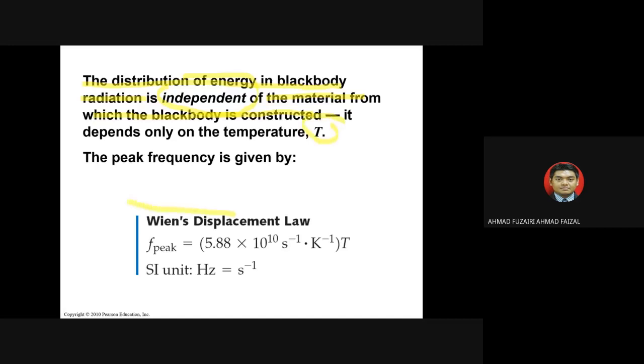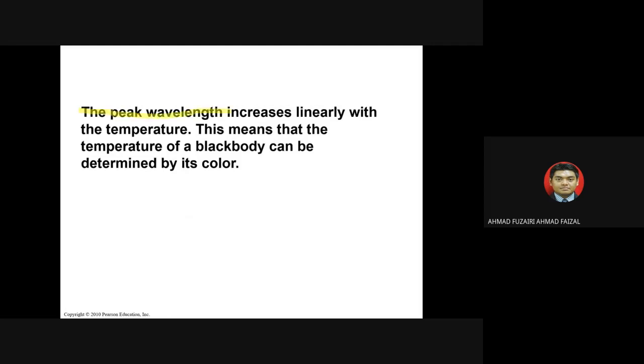And the peak frequency is given by this equation, meaning that to relate to the previous graph, we have the peak frequency here, and this peak frequency actually depends on the temperature of the object. The peak wavelength increases linearly with the temperature, and according to the previous equation, Wien's displacement law, this means that the temperature of a black body can be determined by its color.